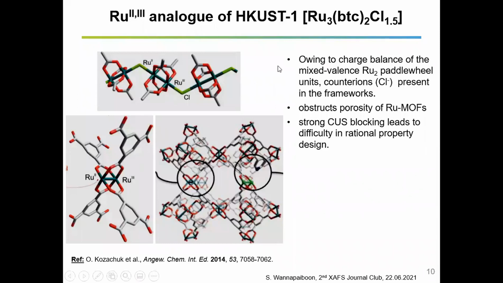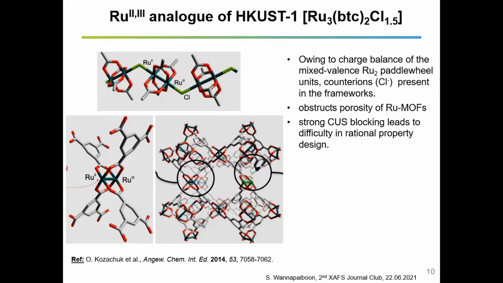So the first example that I would like to mention is the analog structure of the famous MOF called HKUST-1, the copper-based MOF, which is quite unique and is applied in various kinds of fields.